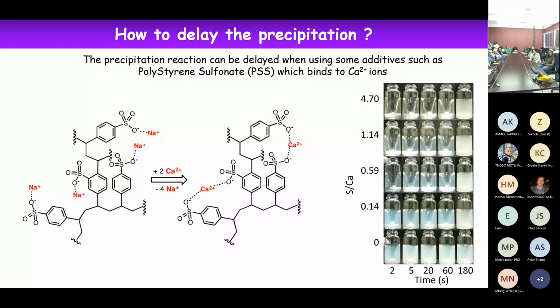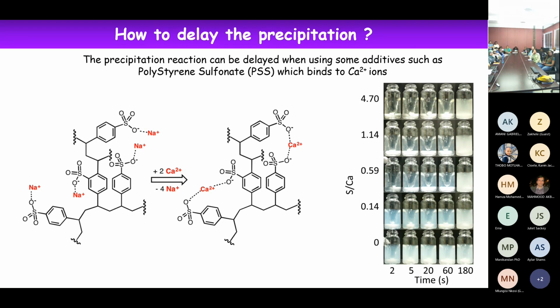One thing that we have been learning about working on those materials is that we can delay the precipitation. You could see in the previous movie that immediately when you mix, after maybe 1 second, you immediately get a precipitation. Nonetheless, if you use, for instance, polystyrene sulfonate, which is these molecules, polystyrene sulfonate likes very much to bind to calcium.